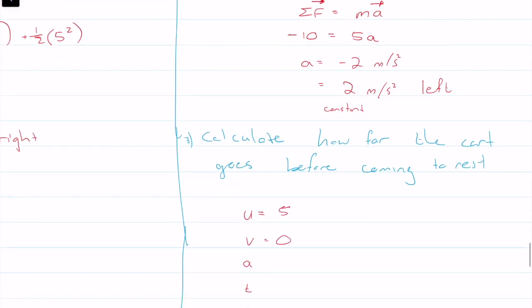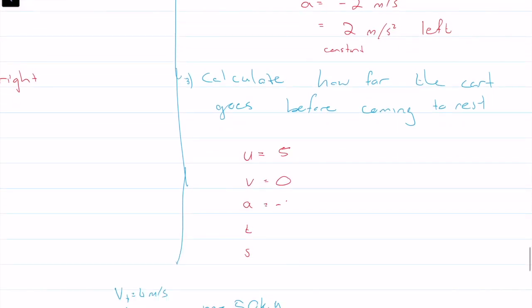Our final velocity is 0, our acceleration is minus 2, our time is an unknown, and our displacement is also an unknown, which we want. So let's see, what equation can we use? We can use the equation v squared is equal to u squared plus 2as. So we're left with 0 squared is equal to 5 squared plus 2 times our acceleration times s.